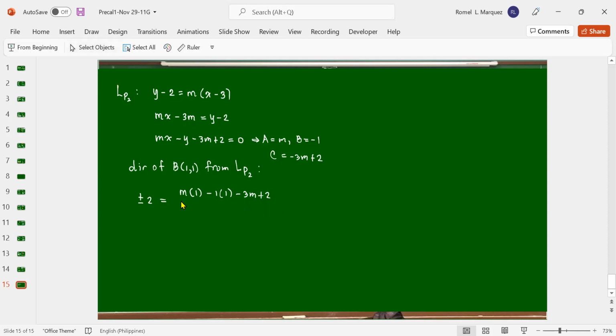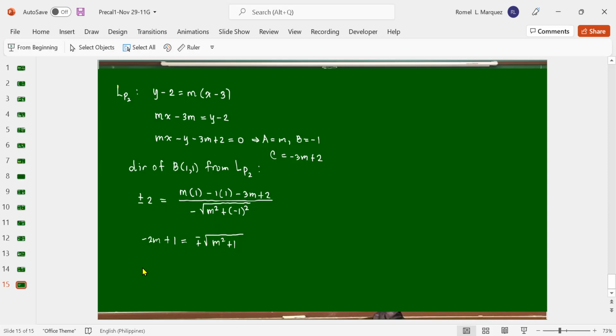Over negative square root of A squared, so that is m squared, plus B squared, negative 1 squared. Negative because the sign of B is negative. So m, then we have minus 3m, that is negative 2m, plus 1. And that is equal to plus or minus the square root of m squared plus 1.